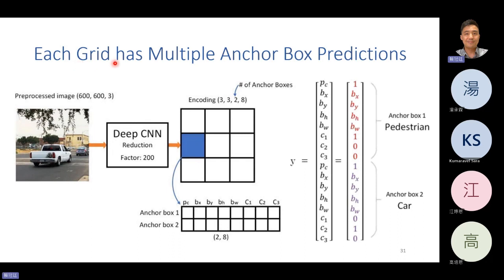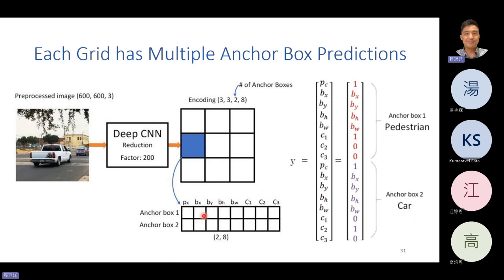So now each grid has multiple anchor boxes, and each anchor box has its own class, the bounding box location, and the confidence score. Each anchor box can have a different class. That's the key.